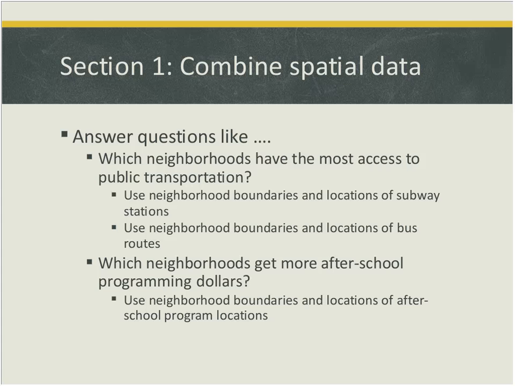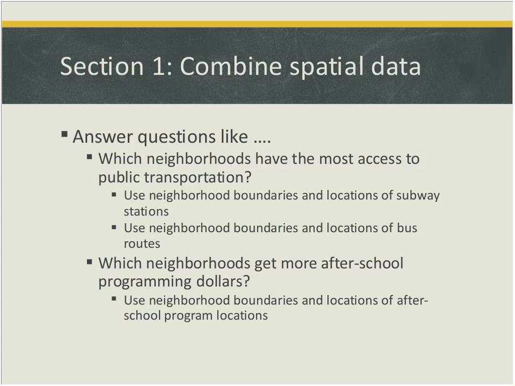So we can answer questions like, which neighborhoods have the most access to public transportation? Because we can use the neighborhood boundaries and their location, and then look to see what subway stations, for instance, fall within each neighborhood, or what the total linear feet of bus routes is that falls within a particular neighborhood.